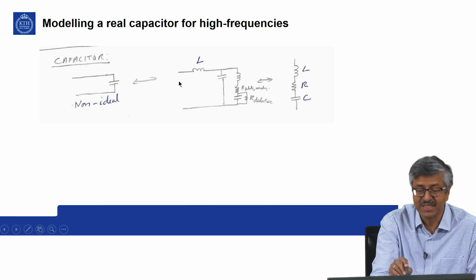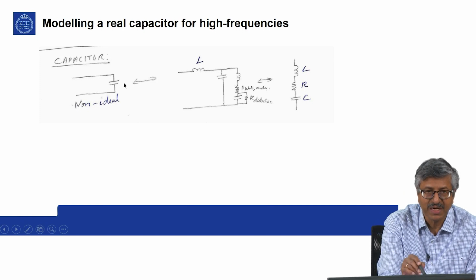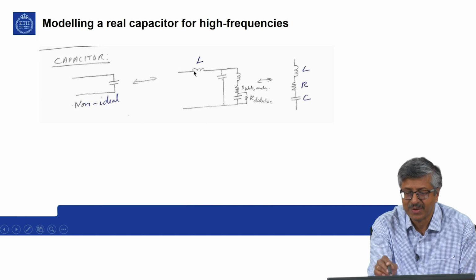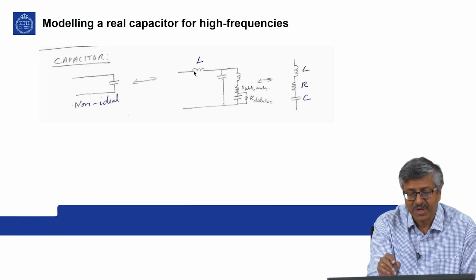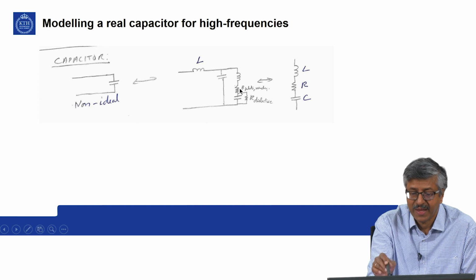You have a lead resistor also, but impedance of the capacitor is generally so high, you can most often neglect the lead resistor, which will be very small, or combine that into the resistor of the plate and windings of the capacitor. If it is a wound capacitor, we can absorb that into this.